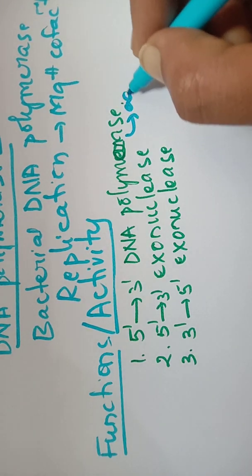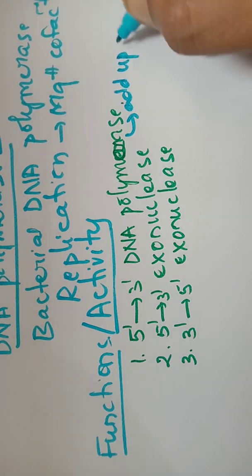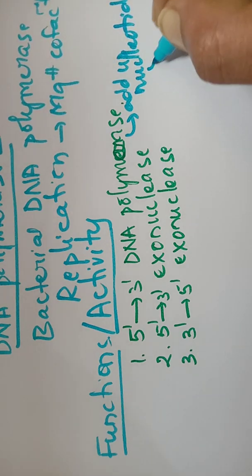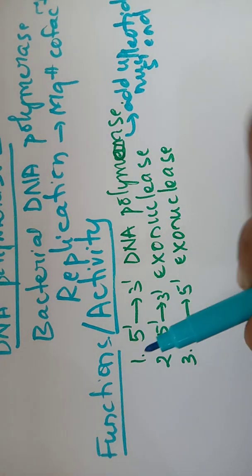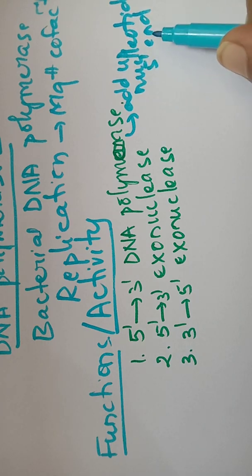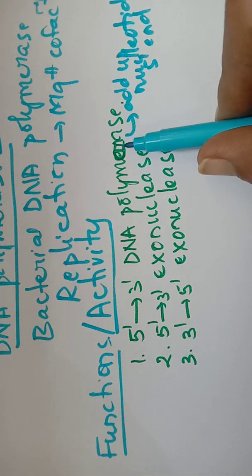So 5' to 3' polymerase activity: this particular DNA polymerase is basically designed for polymerization. It will add nucleotides to the DNA, that is, to the primer.